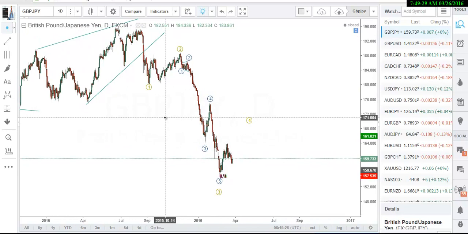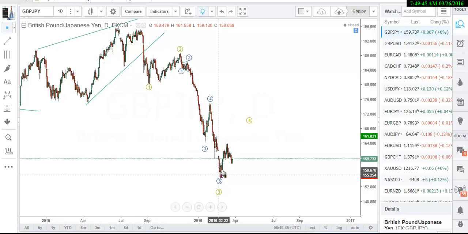And now we expect this correction to be a zigzag or a double zigzag, because the first leg here is actually a 5 wave structure, which I'm going to show you quickly in the 1 hour chart.